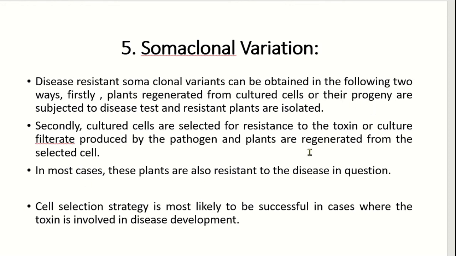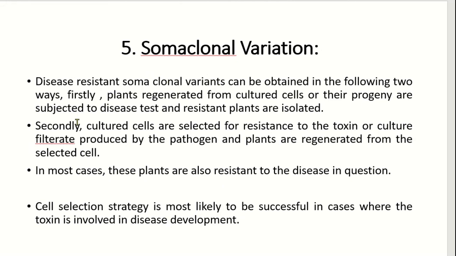The next thing is to select the resistant plant type from the toxin or culture filtrate screening. So this is a different kind of screening process, at the cell level itself, and in most cases these plants are also resistant to the disease in question. So this is another method of insect or disease resistance at the cell level.